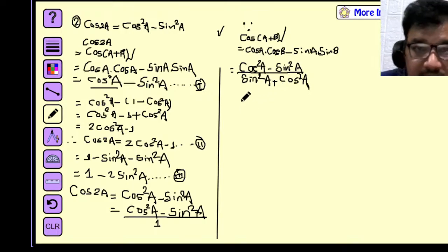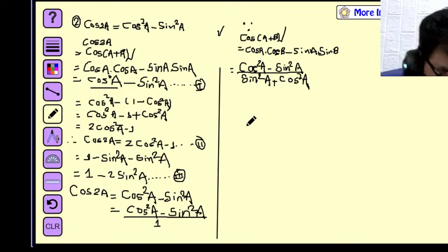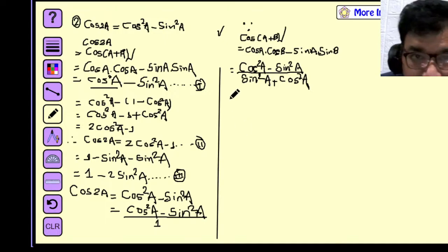Then let's divide up and down by cos square A. Here we are dividing both numerator and denominator by cos square A.